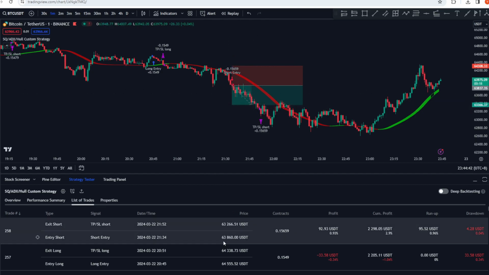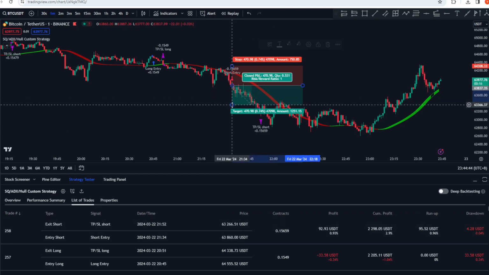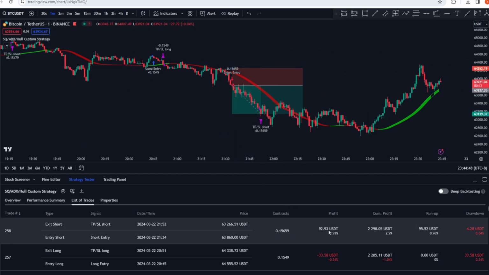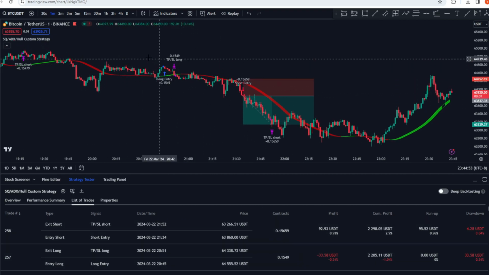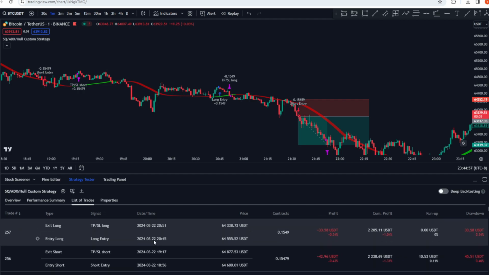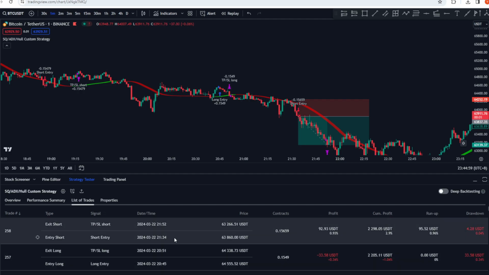Our take profit is at 3 of the ATR, so we exited here. So as you guys can see, we made $92 of that profit. So you guys can see the indicators, the positions taken are exactly the same as what is in the list of trades. So you guys can see there is very good things about this strategy.